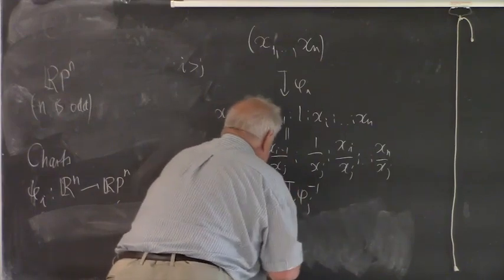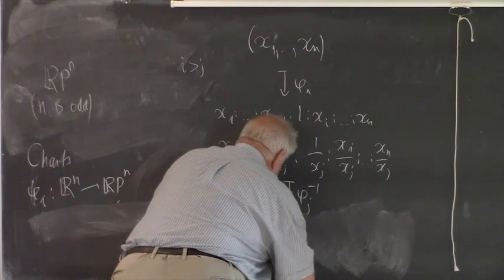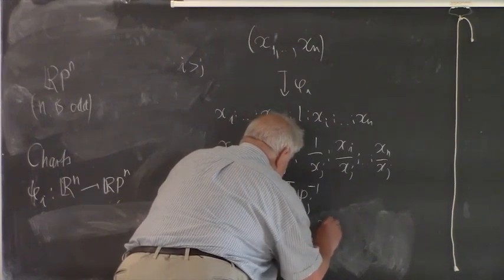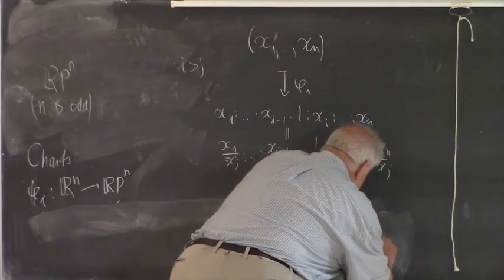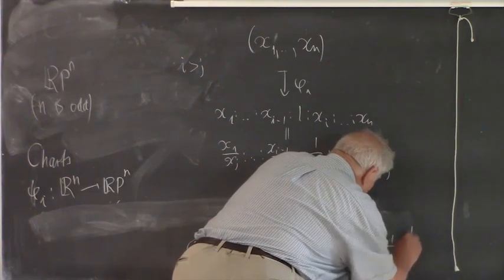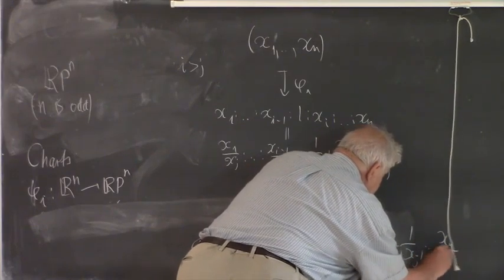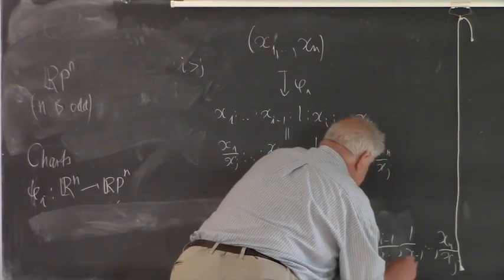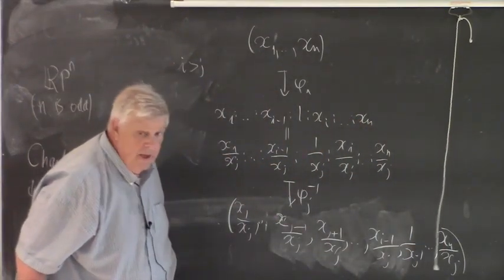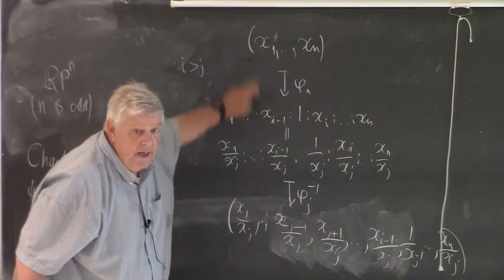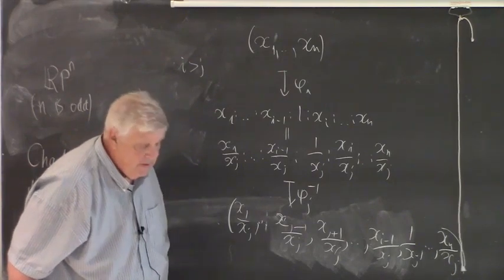This goes to (x_{j-1}/xj, x_{j+1}/xj, and so on, x_{i-1}/xj, 1/xj, and the last one xn/xj). From this to this is my transition map. It is defined on R^n where xj is not 0. If xj is 0, then it's not defined.